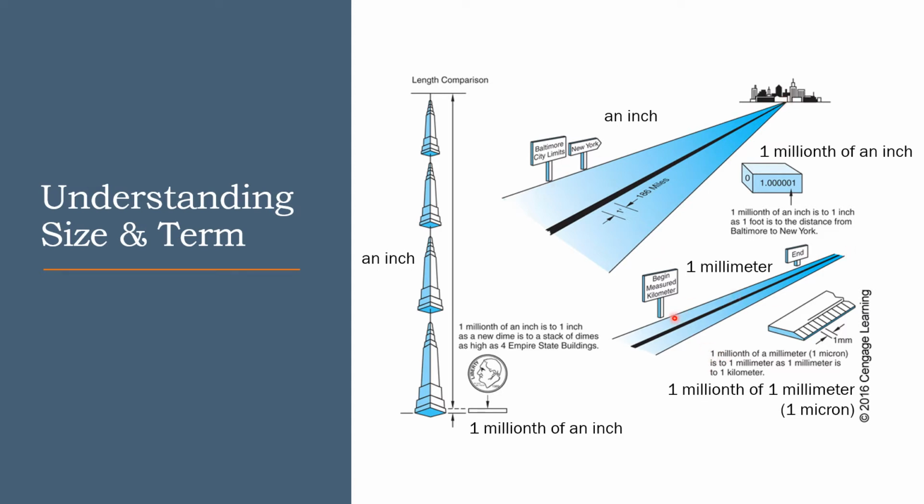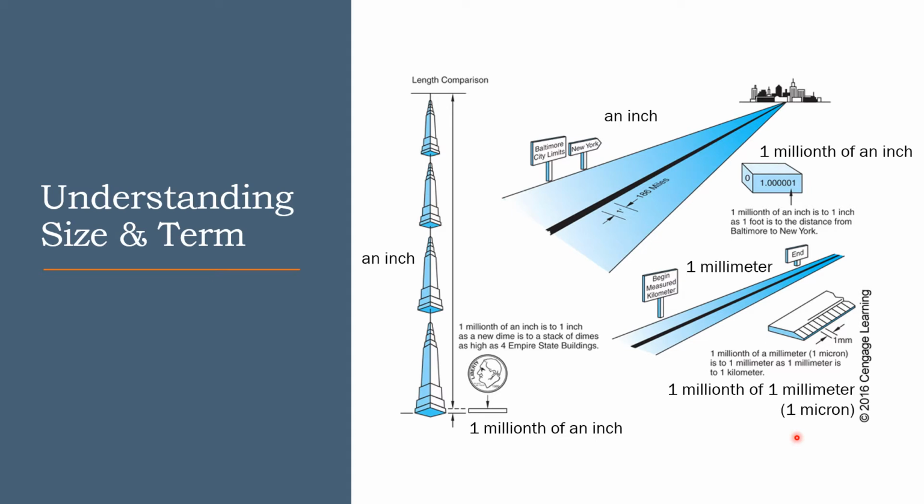Imagine the same thing again. This is a kilometer. Wait, we're going to go to millimeter, sorry. If I imagine this is 1 millimeter, this little one is going to be 1 millionth of 1 millimeter, and we call that 1 micron.